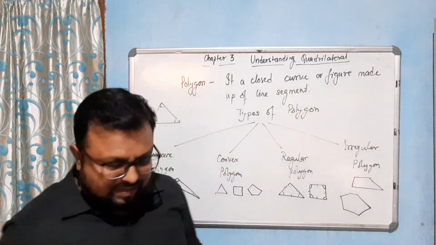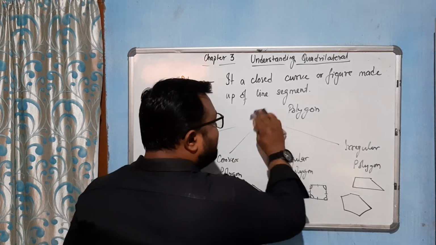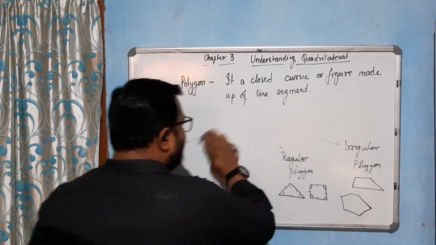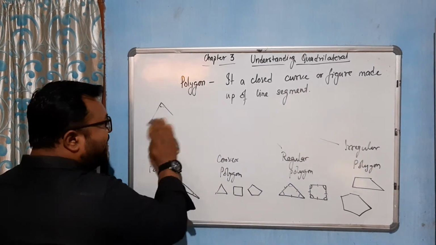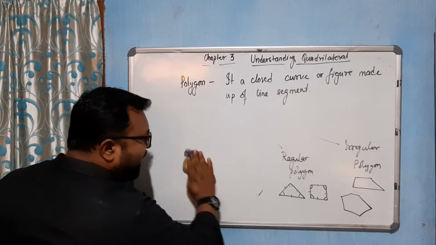Now one more characteristic is the angle sum property. We know that the sum of the angles of a triangle is how much? 180 degrees.